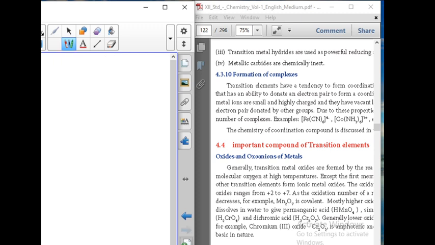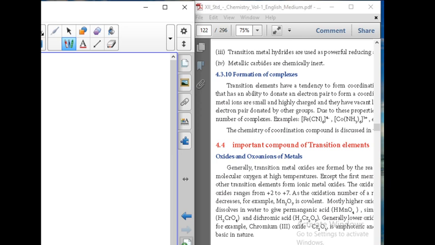Coordination means each and every element has a fixed coordination number: cobalt 6, nickel 4, like this. Most of the d block elements can form complex compounds with coordination number 6. What is the coordination number, and how can it form the complex compounds? Everything we are going to discuss in the next chapter. The next chapter name itself is coordination complexes or coordination compounds.